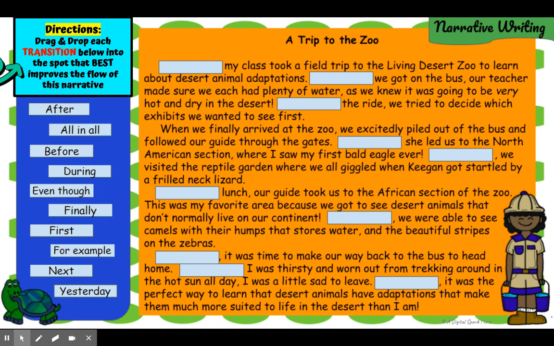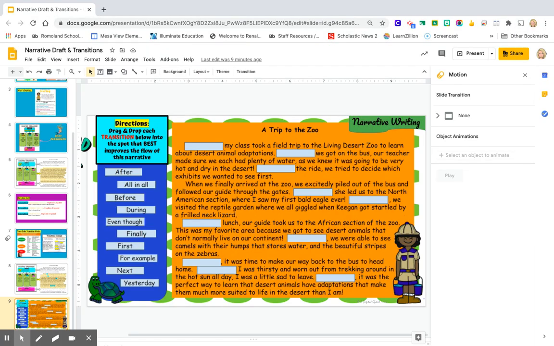So for your assignment today, what you're going to be doing is you are going to read this narrative and read it once all the way through, okay? After you read it all the way through, you're going to look over here to the side, and there are transition words that you are going to be dragging and dropping.